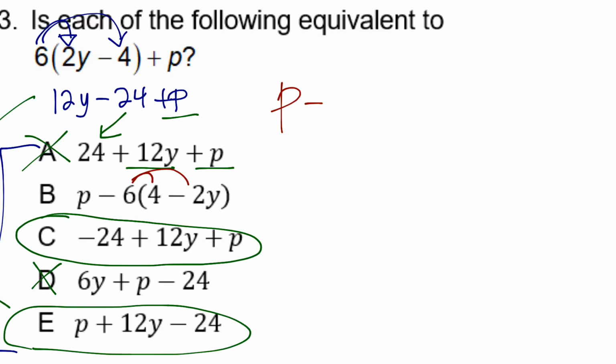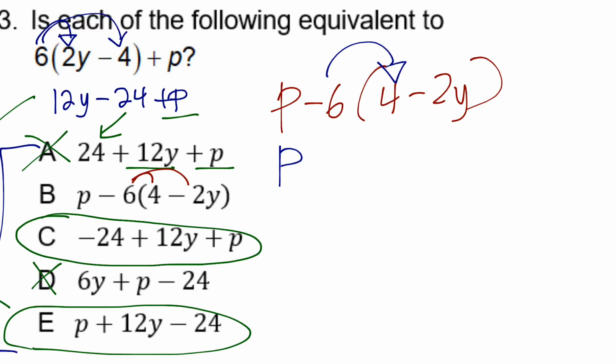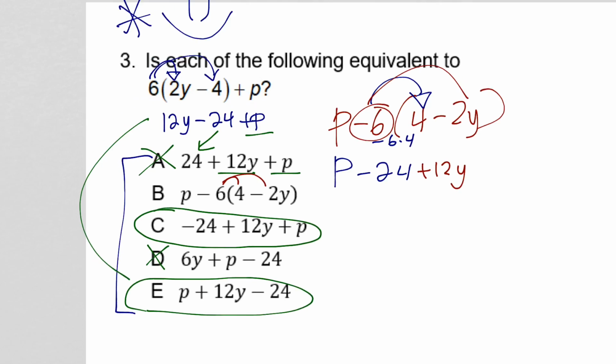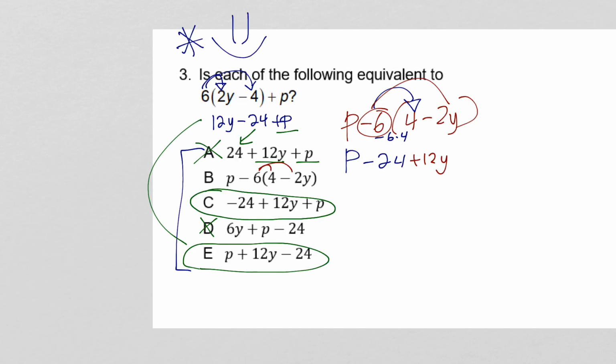So P plus negative 6 times 4 is equal to negative 24, and negative 6 times negative 2y is going to give me positive 12y, because a negative times a negative is a positive. Now if you look at these, are these the same? The answer is yes. The only difference is that they're in a different order, but they're exactly the same.